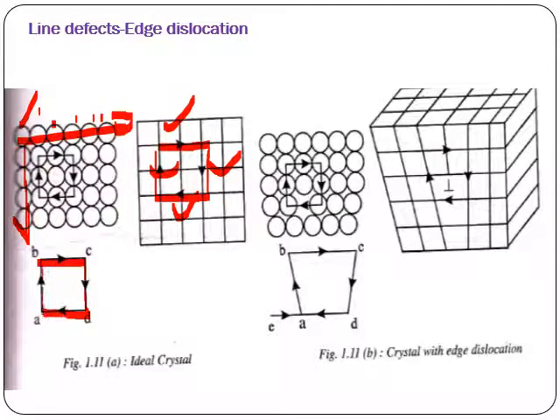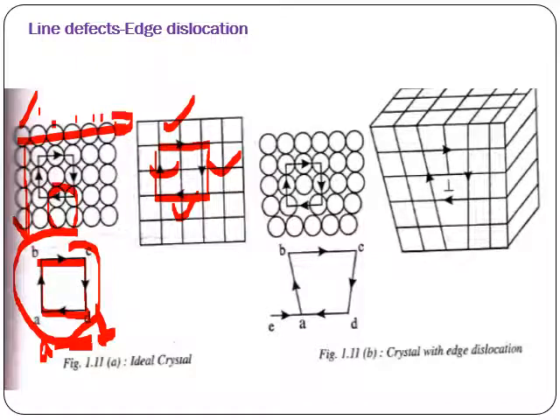So A B C D, A is equal to B is equal to C is equal to D, all the sides are equal. Now imagine this plane of atoms is missing. You can see here two atoms, that is one plane, are missing from their place now.